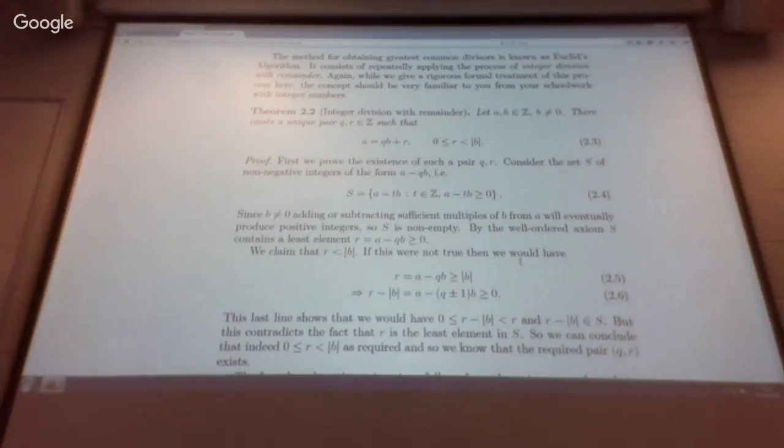Now, you have to add an extra condition, some boundaries, because there will be loads of ways to write 100 as something times 30 plus something else. The idea is we want the remainder to be the real, honest-to-goodness remainder, the small number that's left behind after the division.